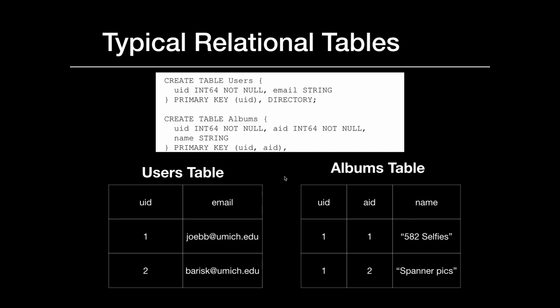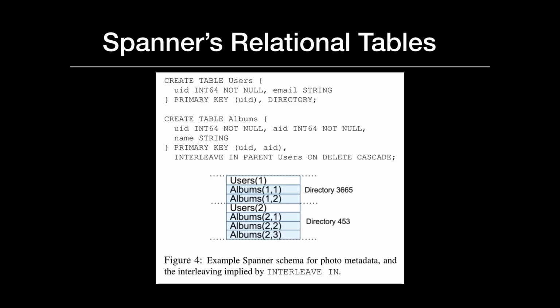But in order for Spanner to know the locality of data and know how to replicate things and how to create these directories, Spanner requires applications to modify their SQL code in their tables to form what are known as interleaved tables, using this INTERLEAVE IN syntax. This allows Spanner to know what an application's directories are and how to replicate these directories. And yeah, this is the main downside of Spanner, that we have to modify our existing SQL code.